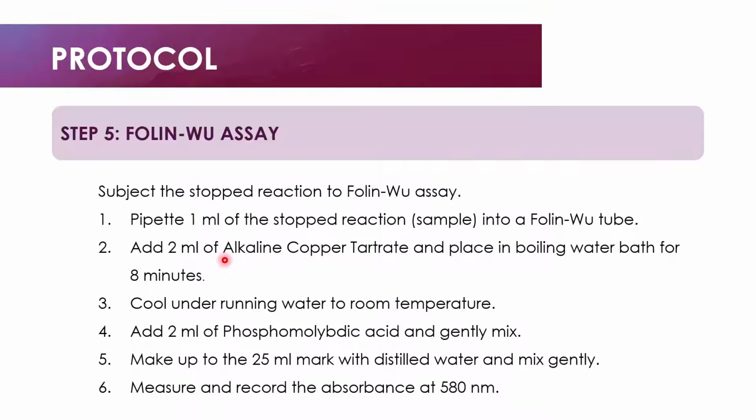We then cool under running water to room temperature and add 2 ml of phosphomolybdic acid and gently mix. We then make up to the 25 ml mark with distilled water and mix gently. And finally, measure and record the absorbance at 580 nanometers.